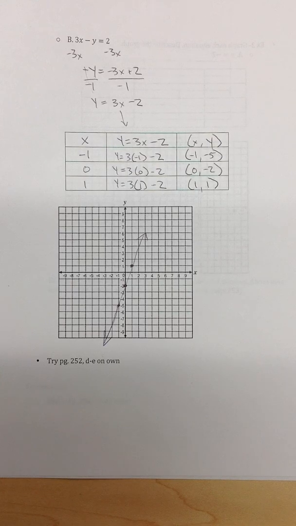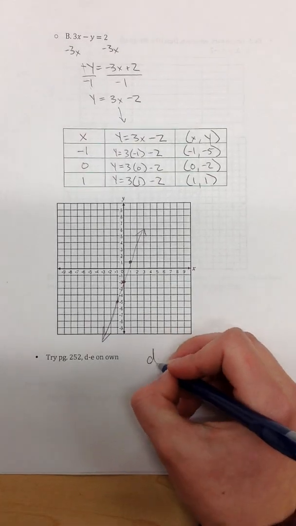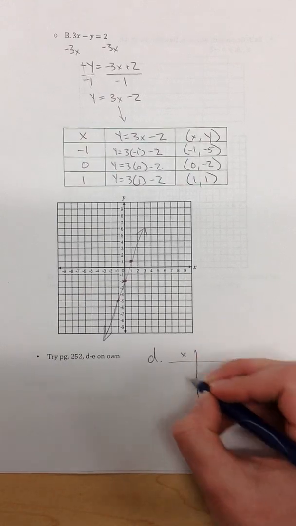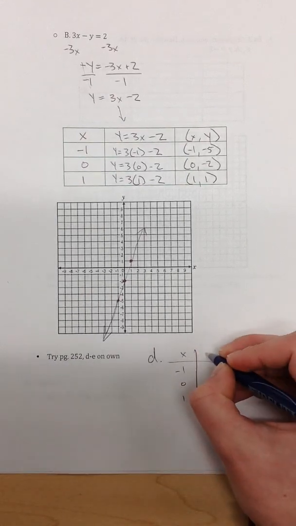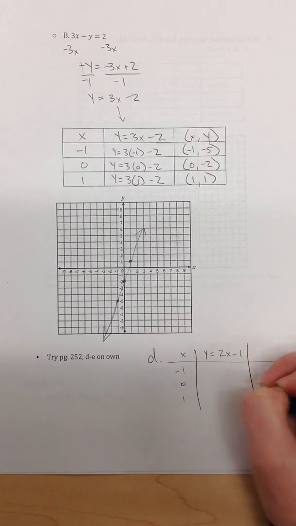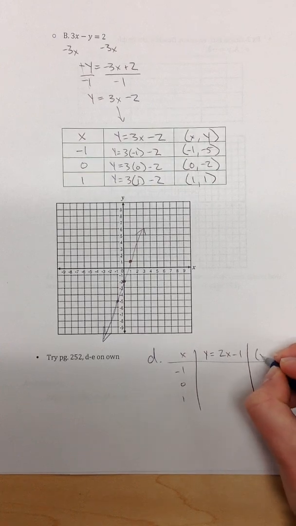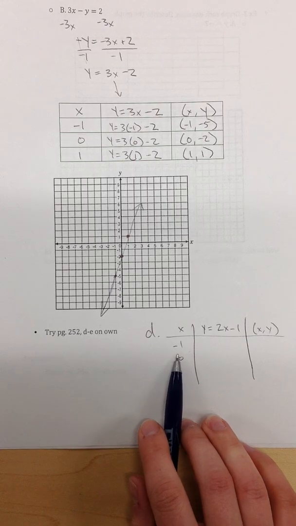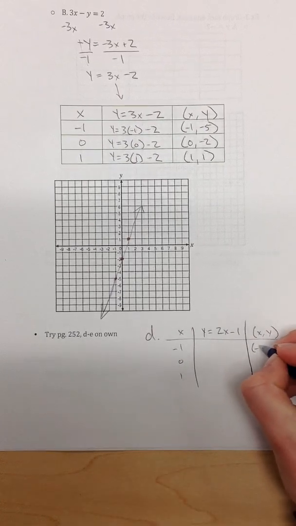Okay, so if you want to, you can try the ones on page 252. I'm not going to do this out here. So with these, if you plug in for like D, if I go negative 1, 0, and 1, and then I've got my equation like that, for your x and your y, you should end up with negative 5, so negative 1, negative 5.